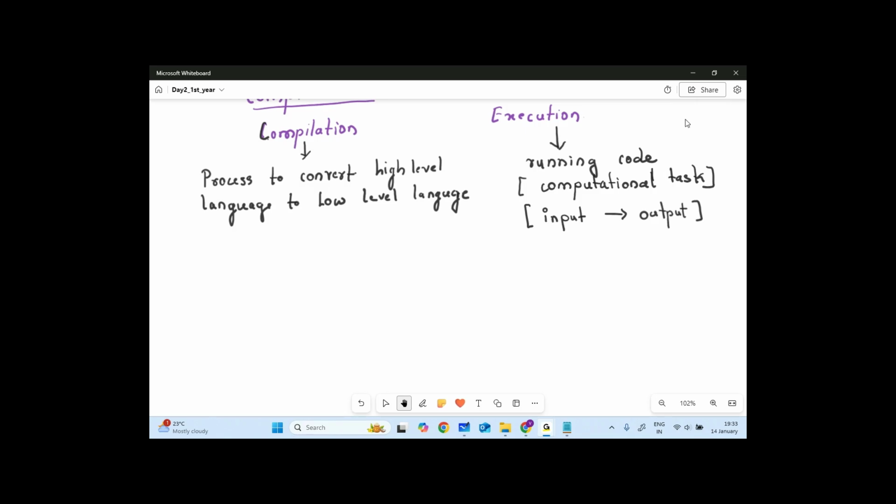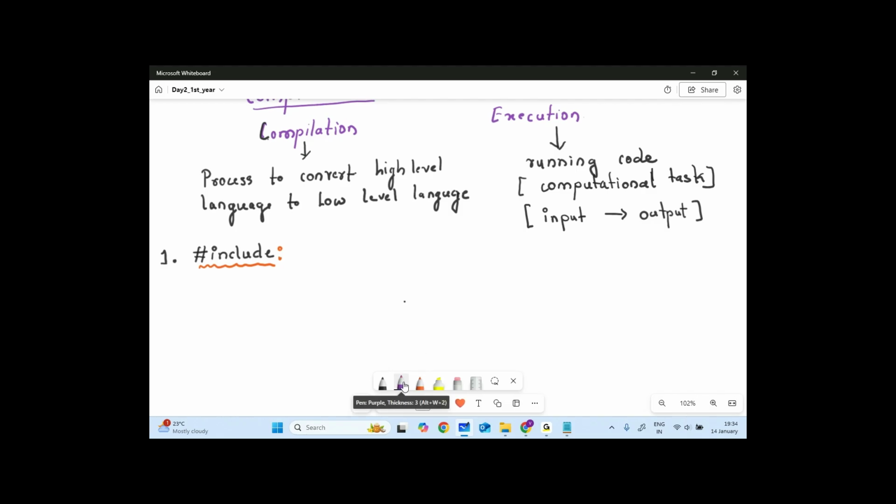In preprocessor directives, there are two basic preprocessor directives everybody should understand. One is hash include. This is the first one that we need to understand. So what is this hash include?